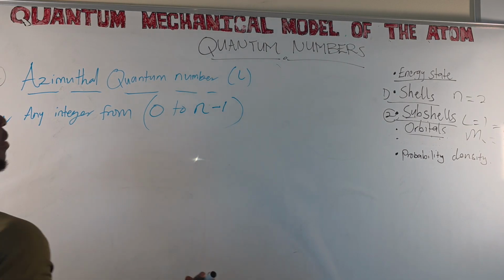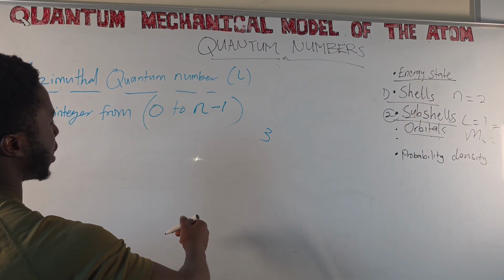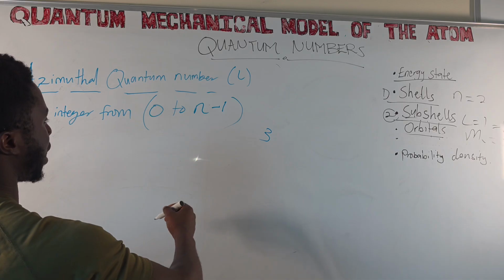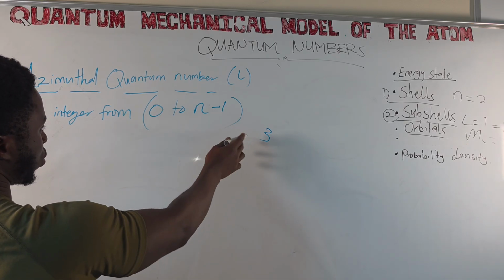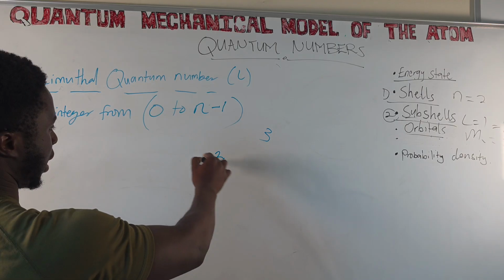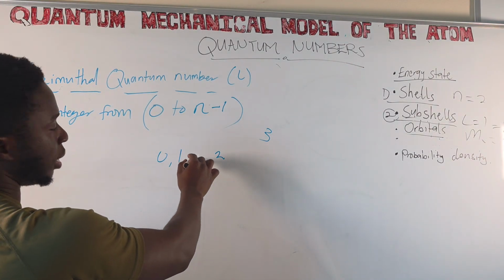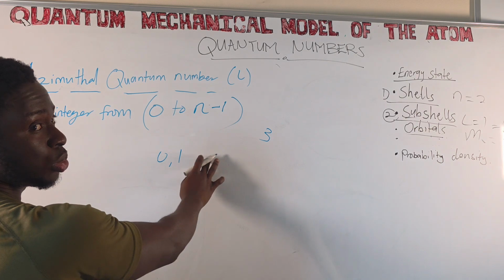For example, if we have a principal quantum number of 3, our azimuthal quantum number would go up to n minus 1, which is 2. And then from 0 to 2, we're going to have 0, 1, and then 2.